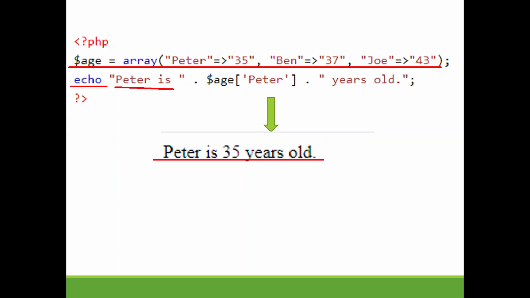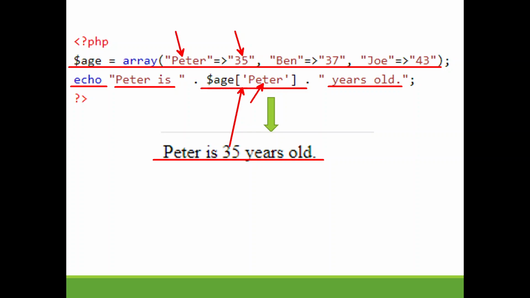So this is a string, Peter is, then the array, and the position of the array has the name Peter, years old. This part here is going to print 35 because it has stored 35.